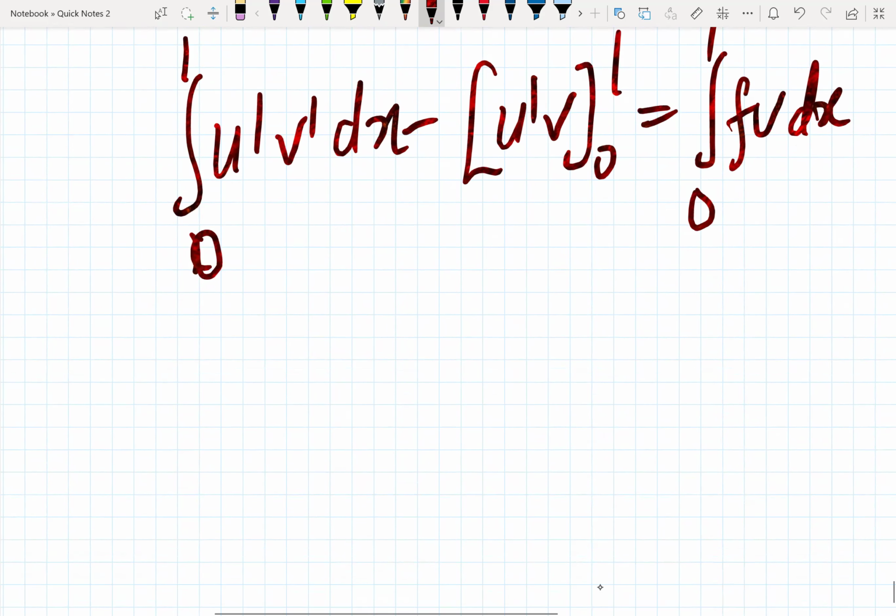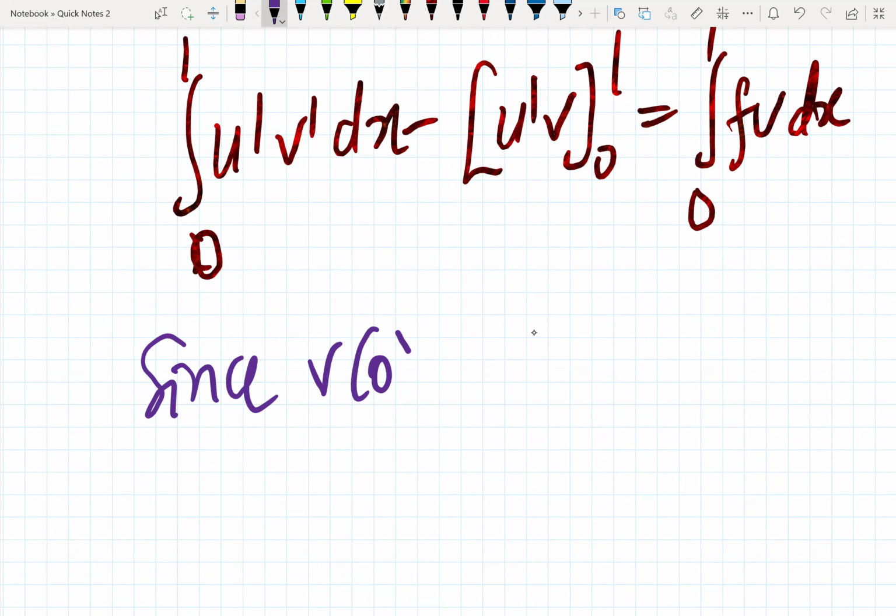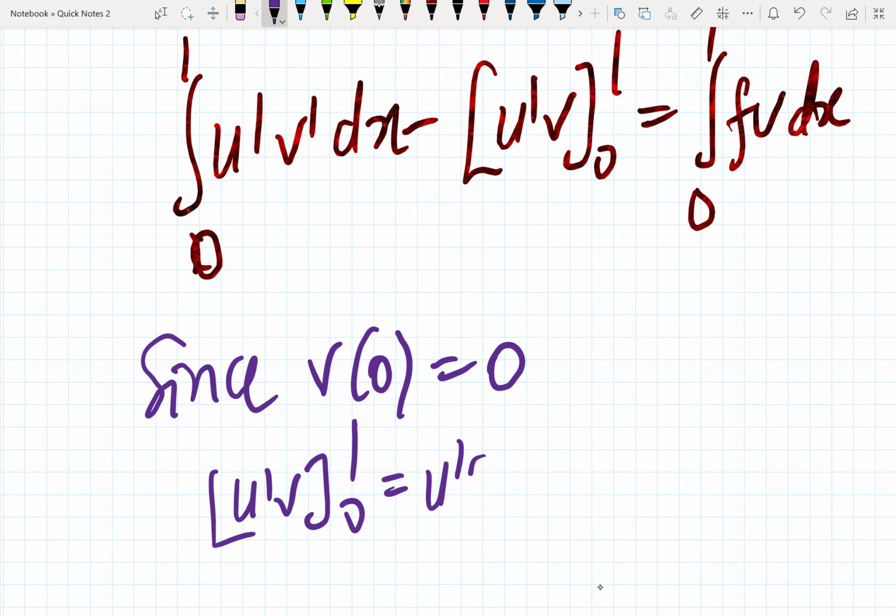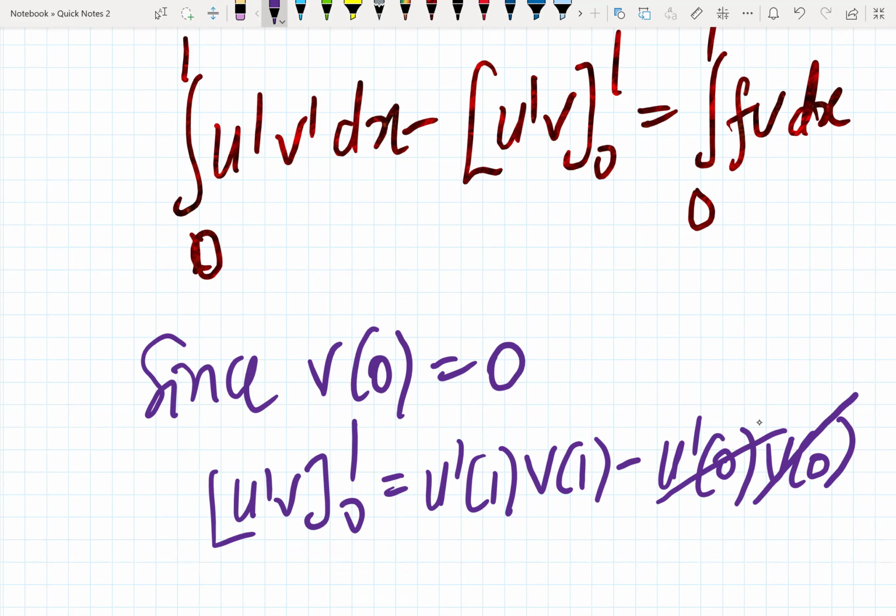With that in place, since v of 0 is equal to 0, we know that u prime v from 0 to 1 is u prime of 1 v of 1 minus u prime of 0 v of 0. Since v of 0 is 0, everything there is gone.